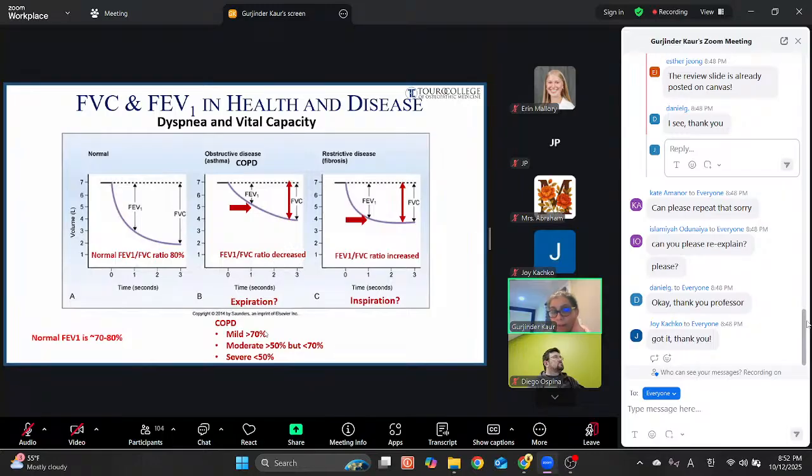I also gave you COPD: if it's mild, then it's slightly lower than 70%. Moderate is more than 50, but severe is going to be even lower than 50%. You will see all that in the stem and you will be able to answer. We're not going to play with the numbers there, okay? So you will see it very clearly.